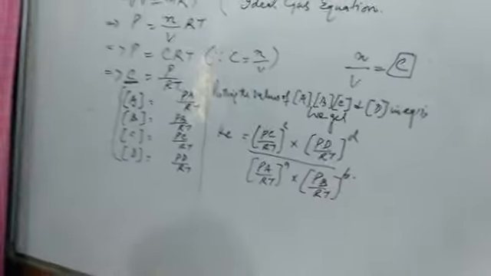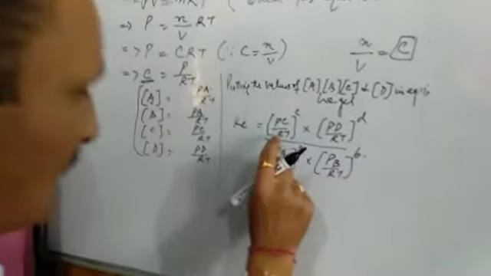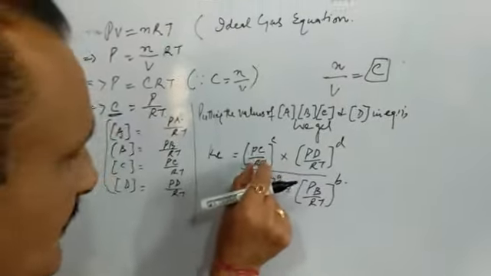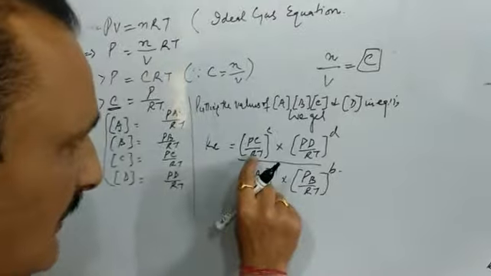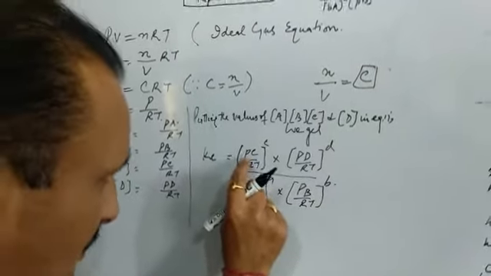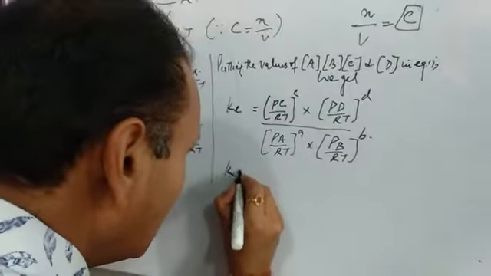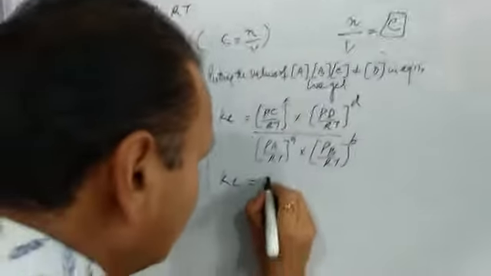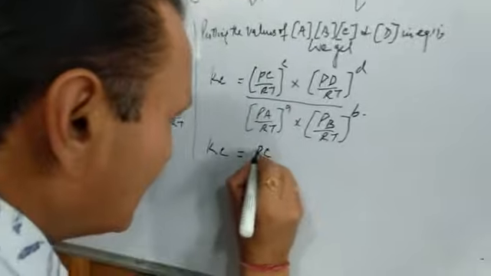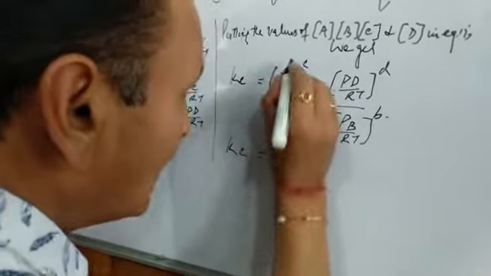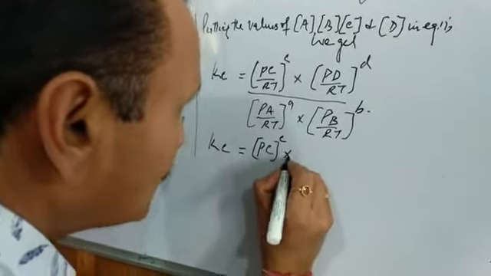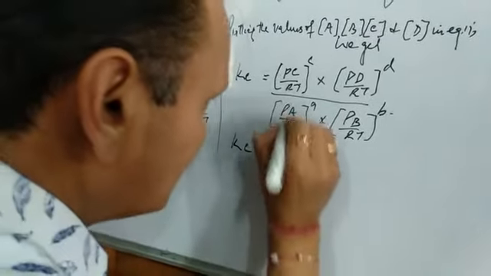Now if you further solve this, we will bifurcate each of these items like this. So we will get Kc equal to, bifurcating this, Pc raised to power small c into the reciprocal of RT.